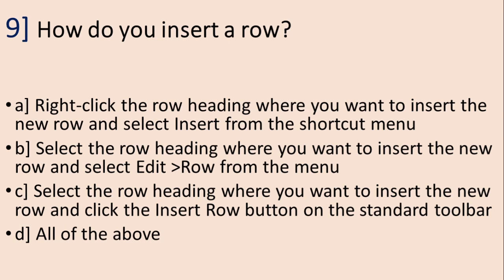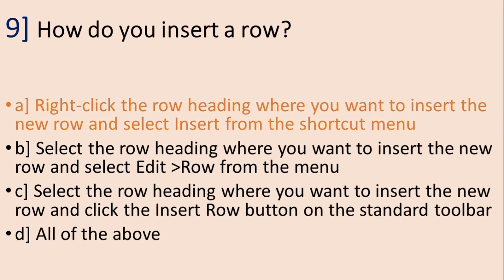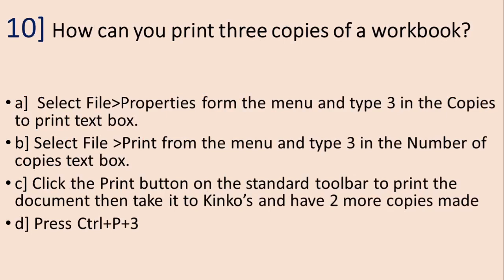Option C, select the row heading where you want to insert the new row and click the insert row button on the standard toolbar. Option D, all of the above. And the correct answer is A, that is right click the row heading where you want to insert the new row and select Insert from the shortcut menu.